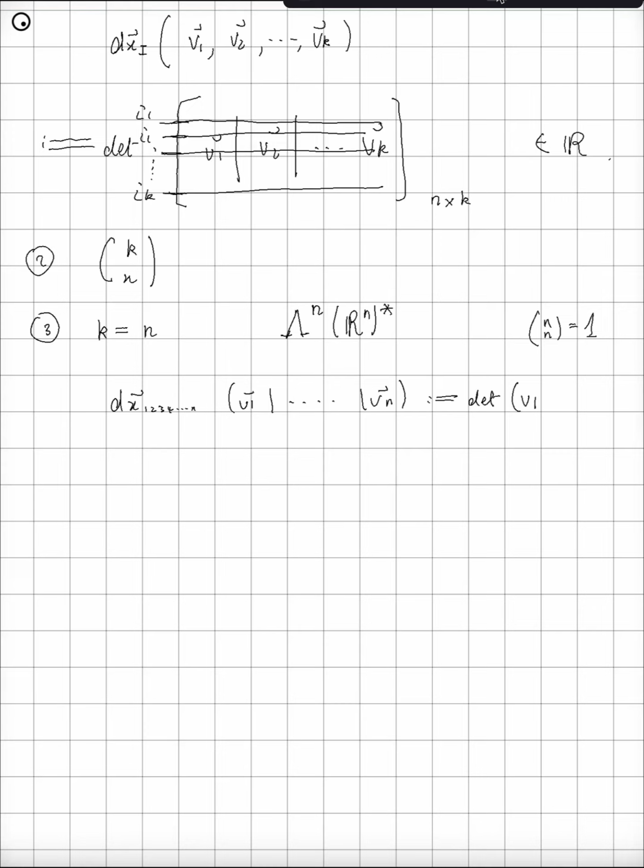So it's more correct to write this acting on this Cartesian product as the determinant of the corresponding matrix. Right, this is cool. Think about it as an example.